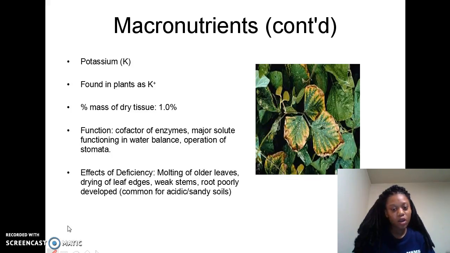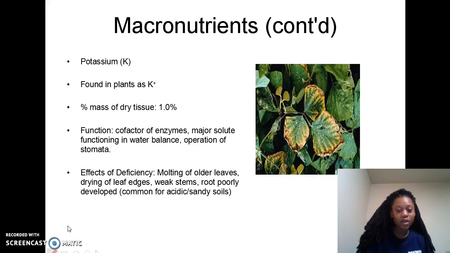So if there are not as many potassium ions as needed, the stomata will not open and close the way it needs to. So this means that the plant cannot get as much water in or enough carbon dioxide in to help it complete its life cycle.